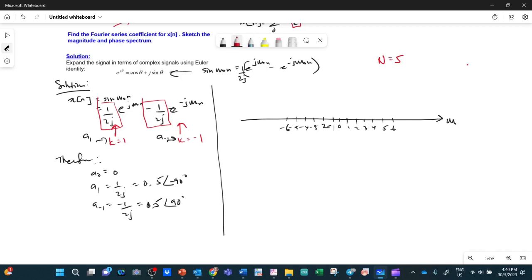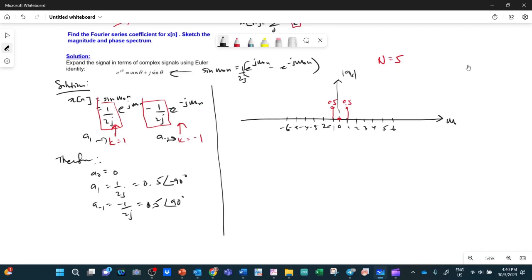So a naught is 0, a1 is 0.5, and a minus 1 is 0.5. This is just the axis.